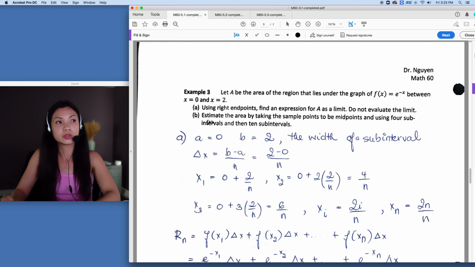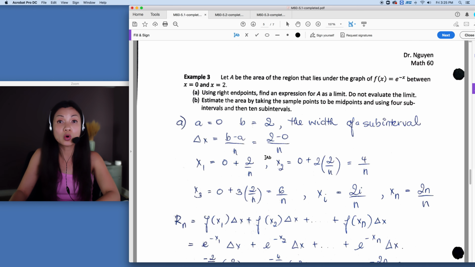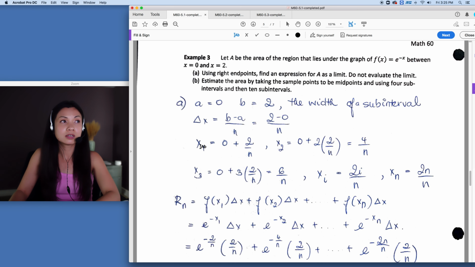So first, we recognize that a is going to be 0 and b is going to be 2. The width of a subinterval is delta x, which is (b minus a) over n, so it's 2 over n. x1, you see right here, the first term is 0 plus 2 over n. x2 is 0 plus 2 times 2 over n, which is 4 over n. x3, I'm doing the same manner.